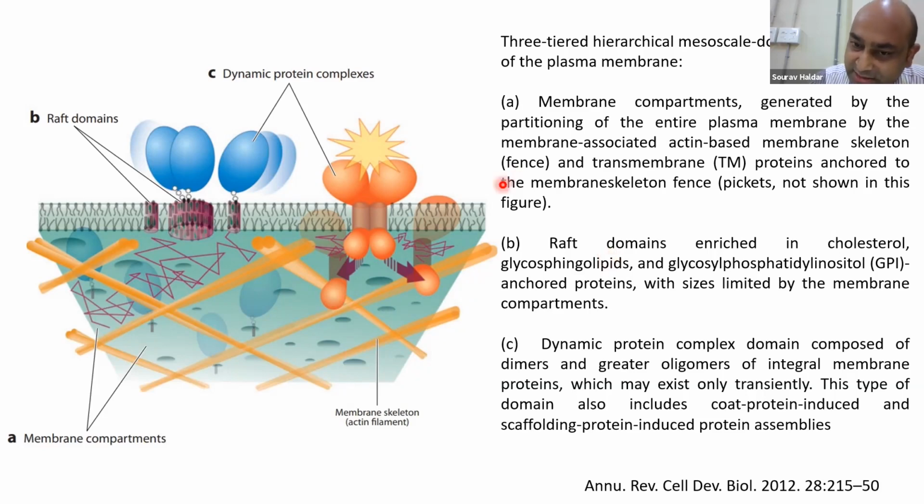And some of these domains have been identified by another pioneer in this field. There are actually two scientists who could be credited for that. In fact, they worked together. One is called Kai Simmons, who is at Dresden, and the other is called Ari Helenius. In fact, they were not looking at membrane organization and dynamics per se.